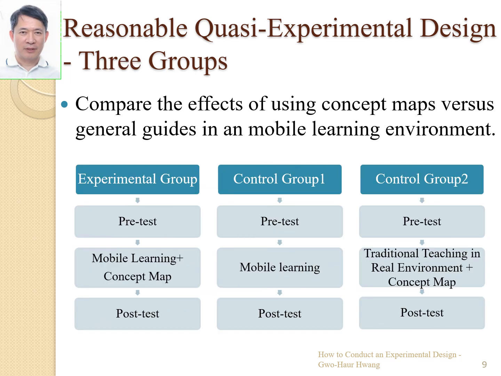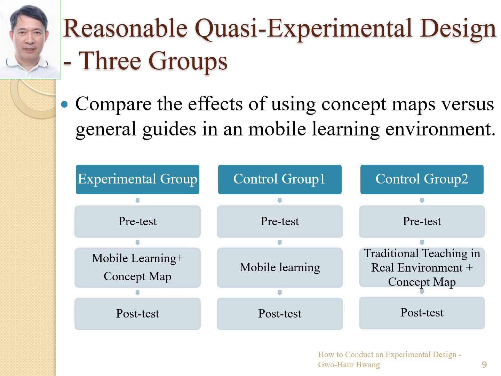Of course, we can also use three groups. This allows for more comparisons. For example, the experimental group had concept mapping plus mobile learning, control group 1 had only mobile learning, and control group 2 had only on-site learning of concept mapping, but no mobile learning. We can now compare the experimental group with control group 1. You can also compare the experimental group with control group 2.